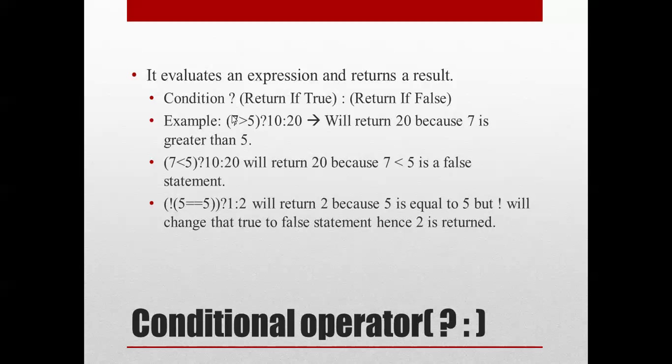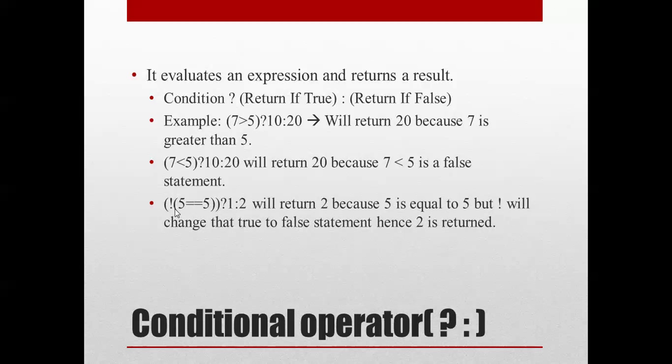Okay, let's go with the example. So here I'm asking is 7 greater than 5. Since this will evaluate as true, it's going to return 10. But if we had asked is 7 less than 5, then it would have returned 20, because 7 less than 5 is false. You see the idea here. If it is true, it's going to return whatever is between the question mark and colon, and it will return whatever is after the colon if it is false.